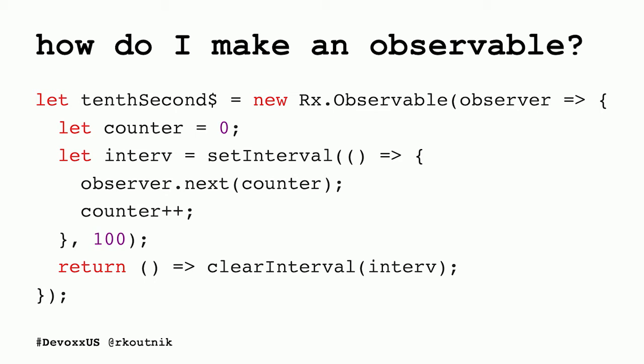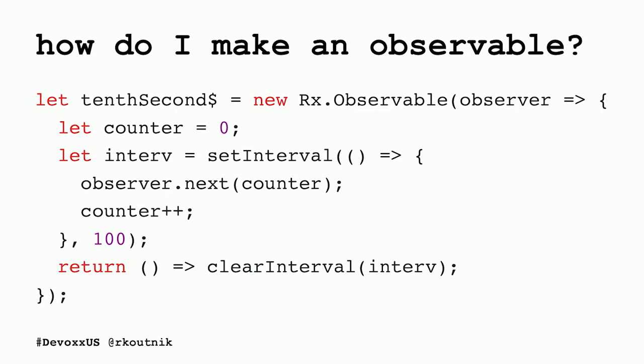So what's going on here? Why is this important? Why is this useful? So an observable delivers values over time, and we have that observer that we've passed in. When we say observer.next, we say, I have a new value, whatever that value is. I can pass it in. And that lets everyone down the line, all of the subscribers, all of the methods and things we attach, know we have a new value.